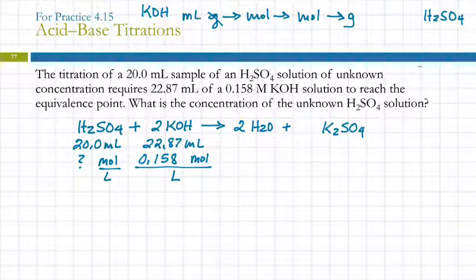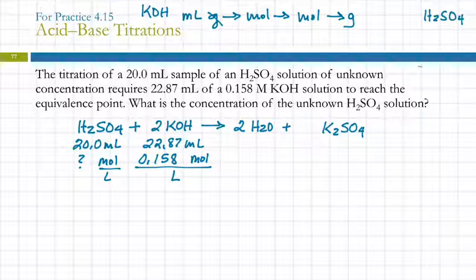So we've got a volume, we've got milliliters. Now, in the Wednesday class, we did this problem where we converted milliliters into liters and did the problem that way. So you can watch the video and see that. I'm going to use millimoles today. So if we're going to do millimoles, we'll have millimoles.